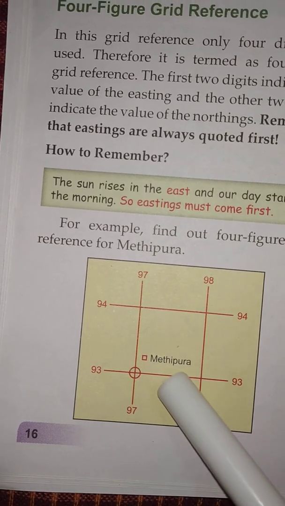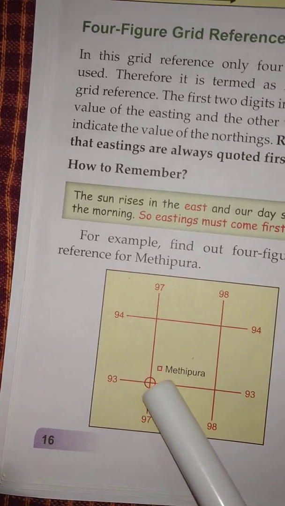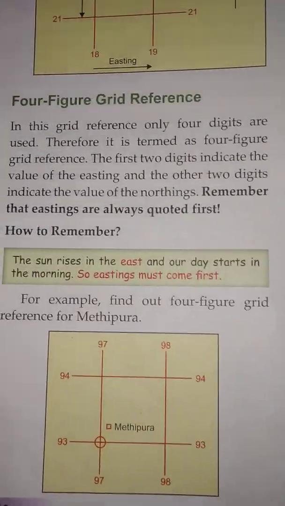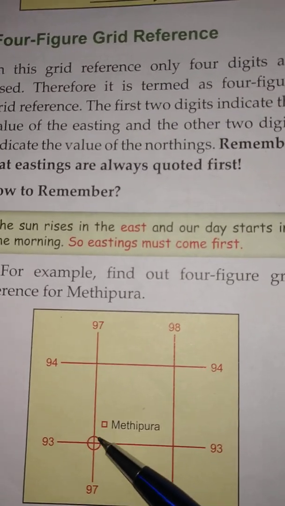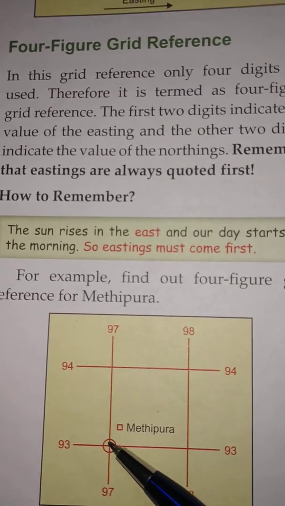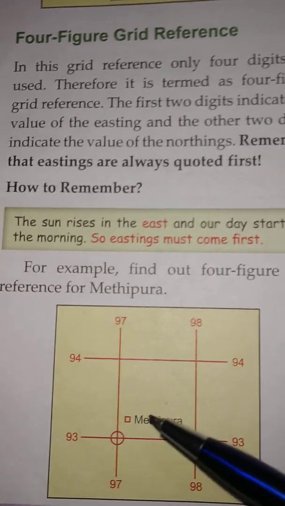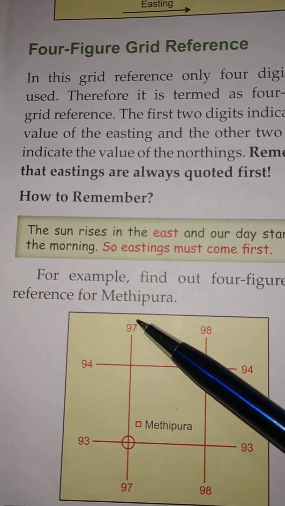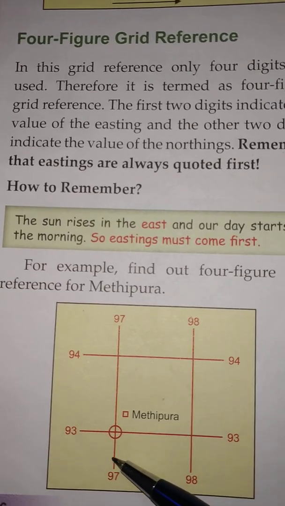This symbol. Can you see here? A circle has been made here. So this is the southwest corner of this grid. Now see which easting is passing through it. Its value is, can you see here, the value of this line, 97.